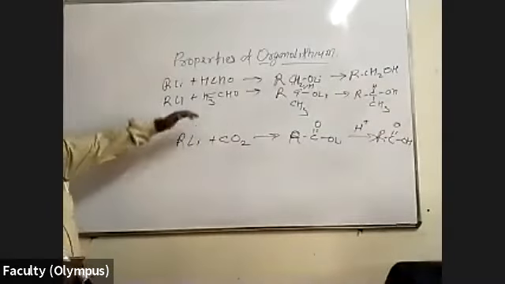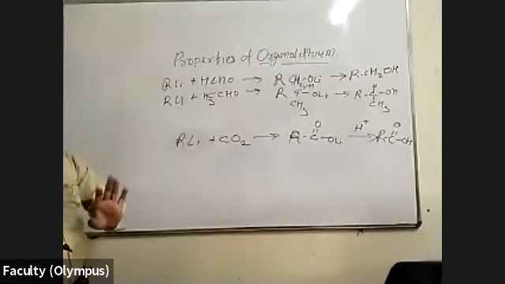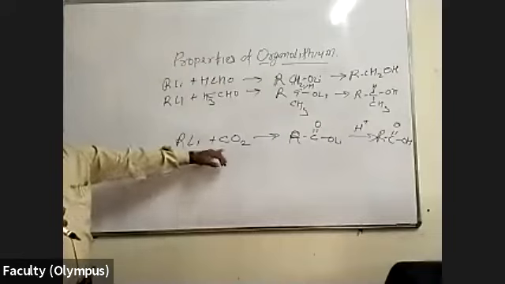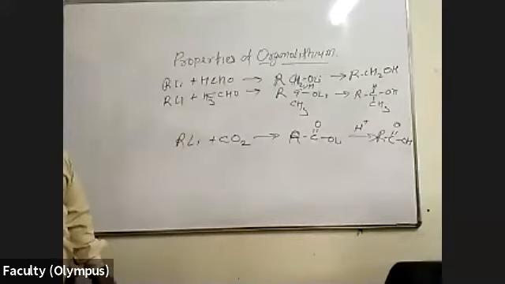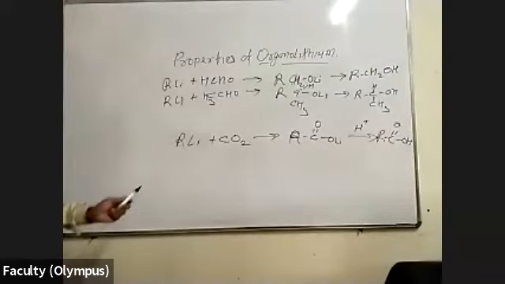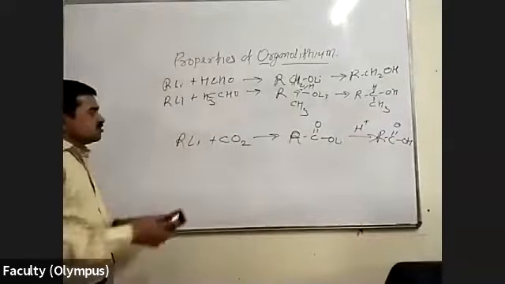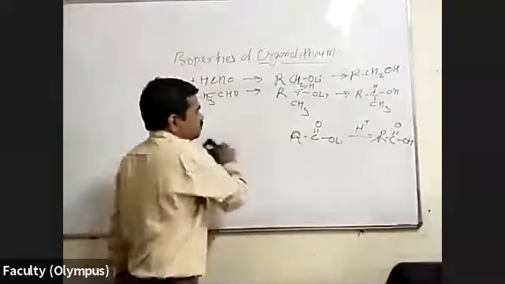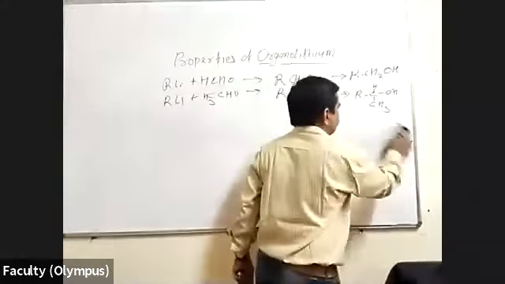When it reacts with ketone, we get tertiary alcohol. When it reacts with carbon dioxide, we get carboxylic acid. So these are some reactions of organolithium compounds.